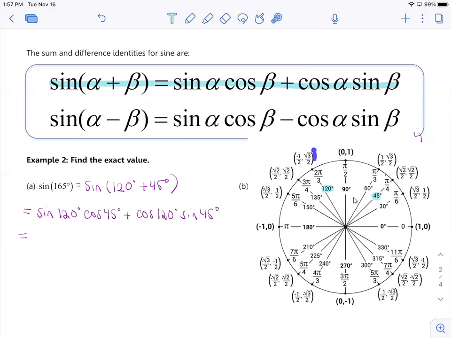Sine of 120, root 3 over 2, times cosine of 45, root 2 over 2, plus cosine of 120, negative 1/2, and then sine of 45, root 2 over 2.